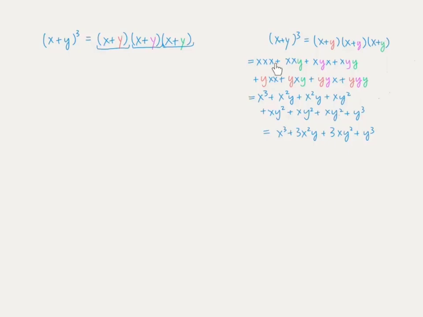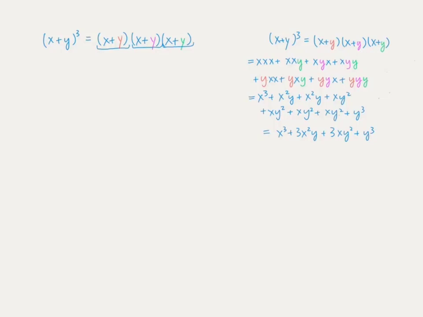To create each term, we pick either x or y from the first bracket, from the second bracket, and from the third bracket. If we focus on y, it means that we decide whether or not to pick y from each bracket.